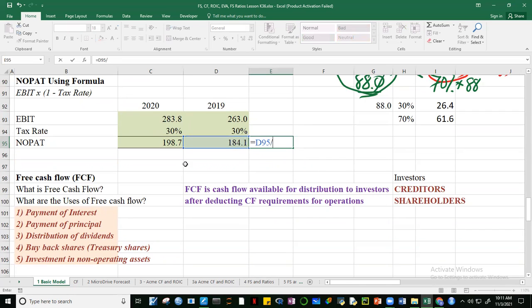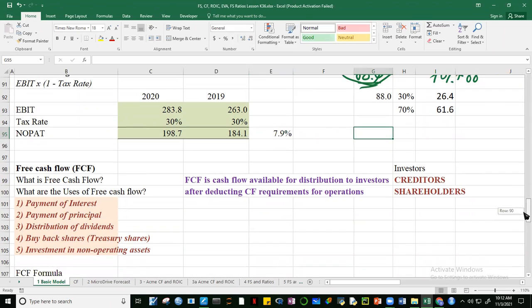So 2020 divided by 2019 minus 1. So NOPAT grew by around 8%. There was a growth of around 8% as far as the net operating profit is concerned.